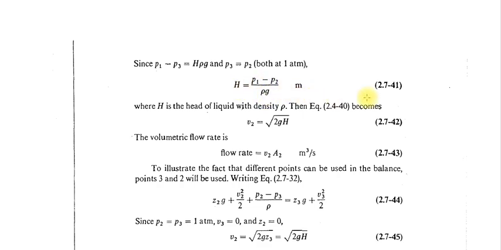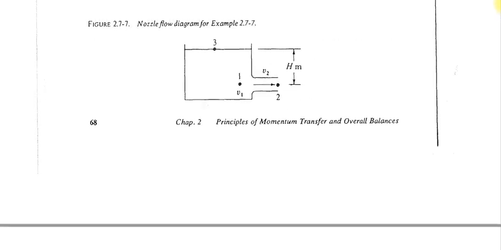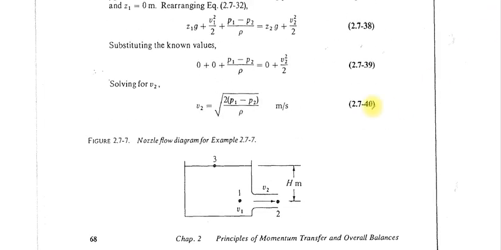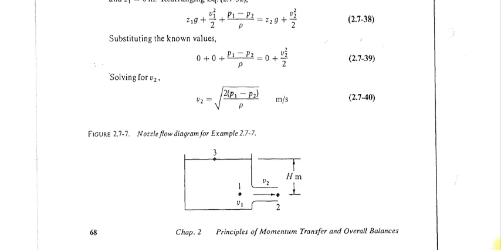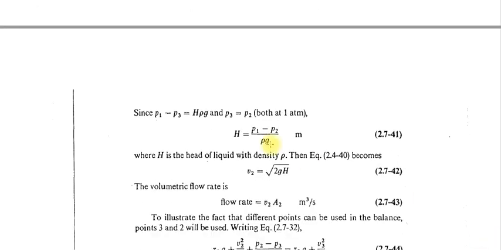Now from equation 2.741 and equation 2.740, here V2 equal to under root of 2 times P1 minus P2 by rho. So just substitute the value of P1 minus P2 by rho in this equation from equation 2.741.